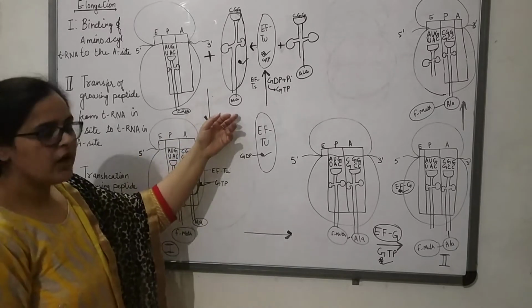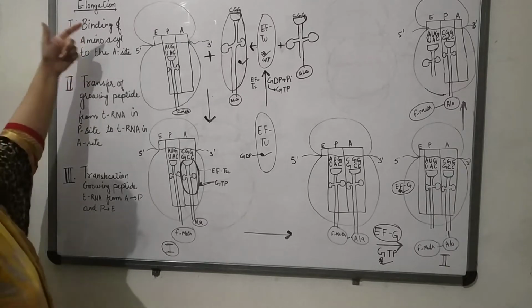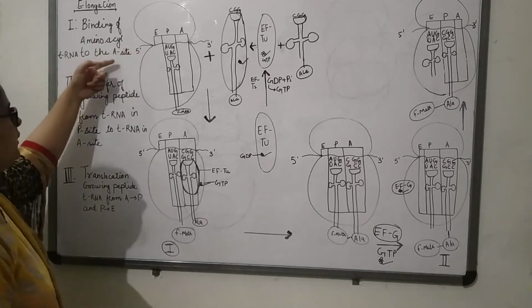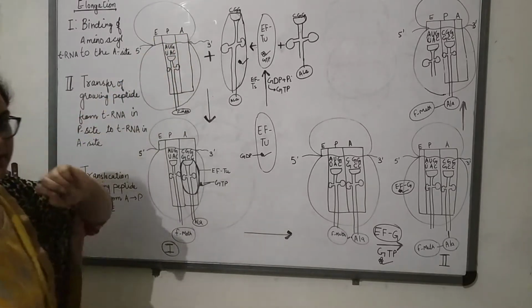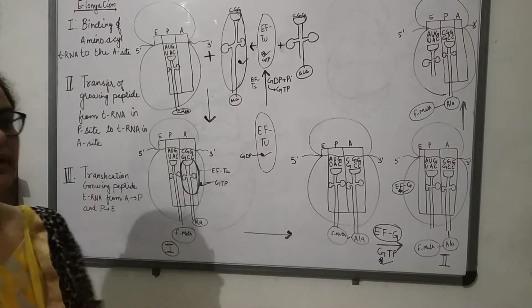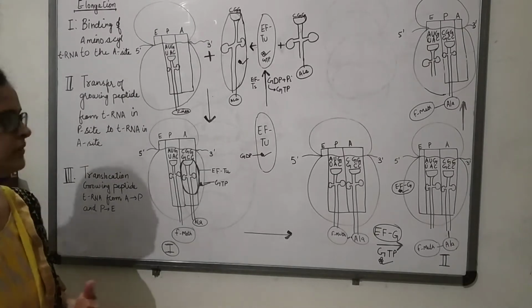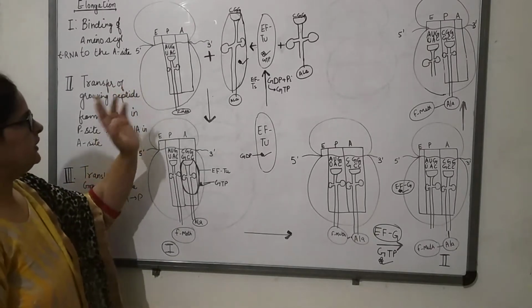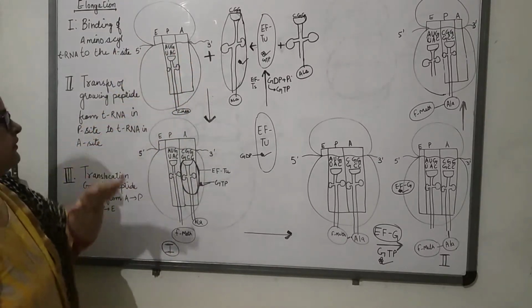So we have charged tRNA as per the condition of elongation step 1, binding of aminoacyl tRNA to the A site. The ribosome contains 3 sites, which we discussed in the previous class: A, P and E. A is aminoacyl, P is peptidyl and E is the exit site.